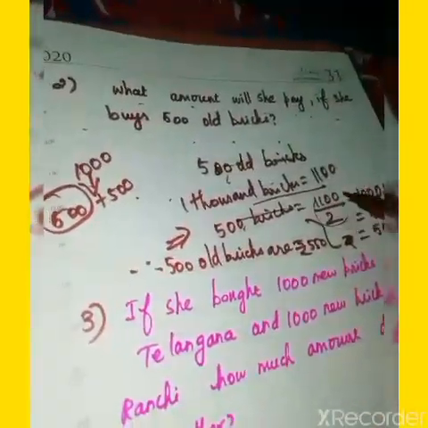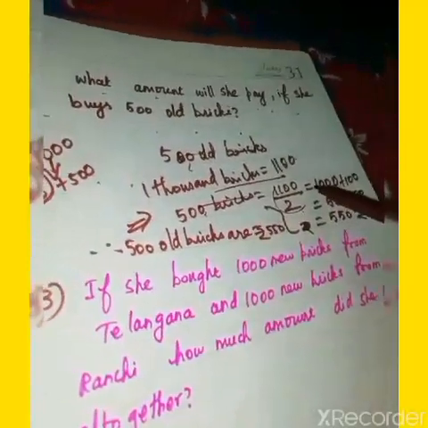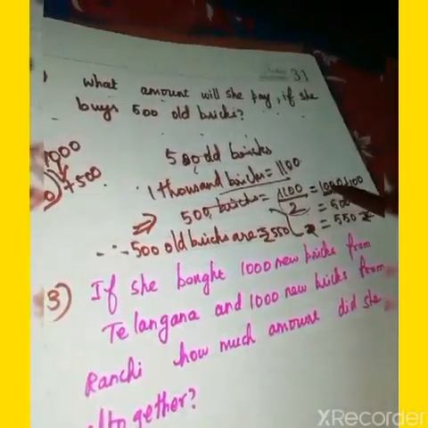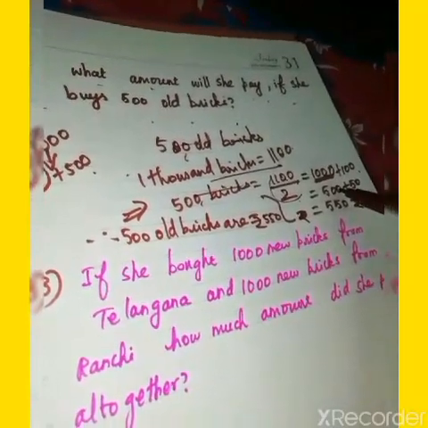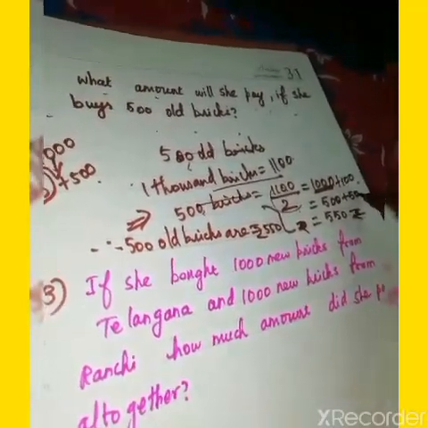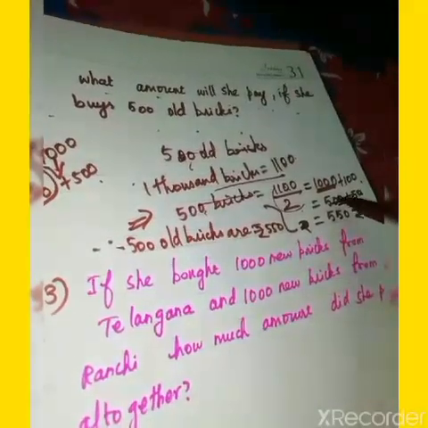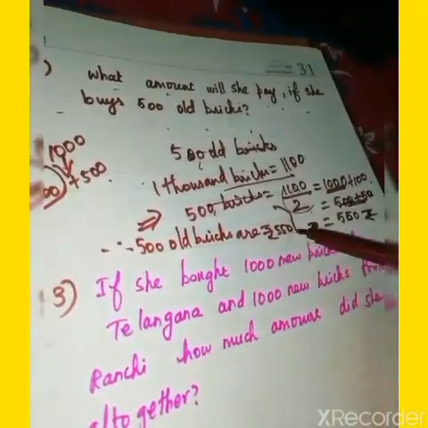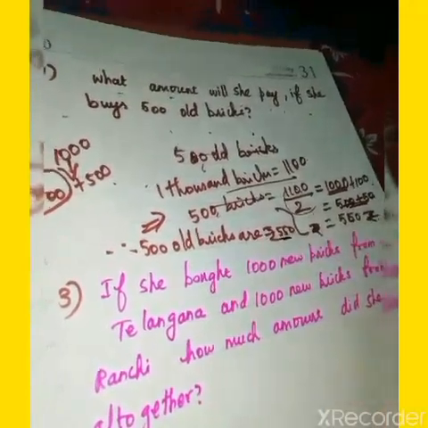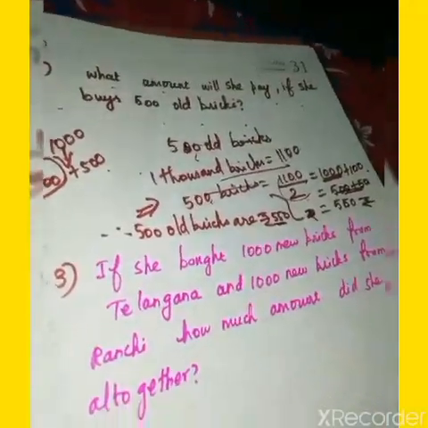So I am just dividing 1100 divided by 2, and also explaining here 1100 will be 1000 plus 100. The half of the 1000 is 500 and half of the 100 will be 50. So totally what you get is 550. So 500 old bricks are priced at rupees 550. Can you understand?